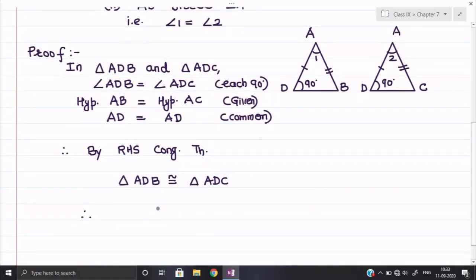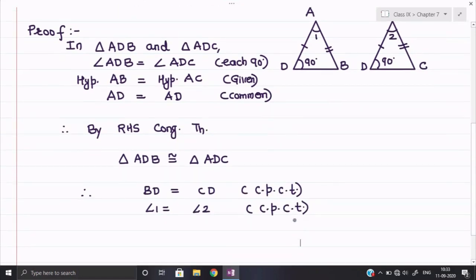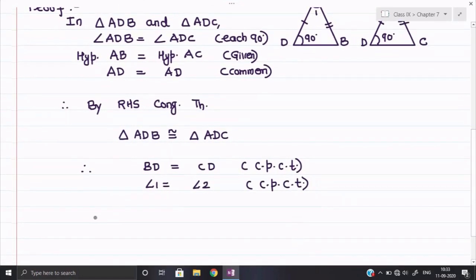So here we can say that BD is equal to CD. This we can say with the help of CPCT. Second, we can say angle 1 is equal to angle 2. That is also with the help of CPCT.